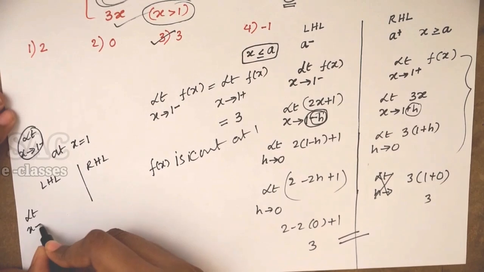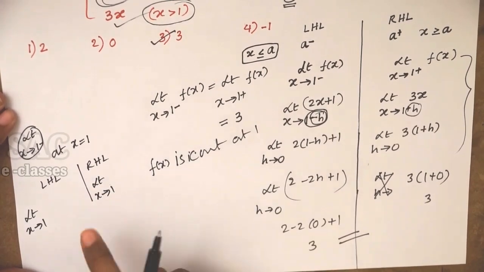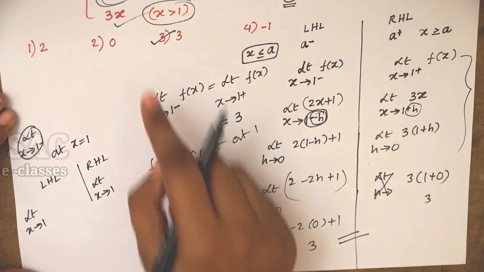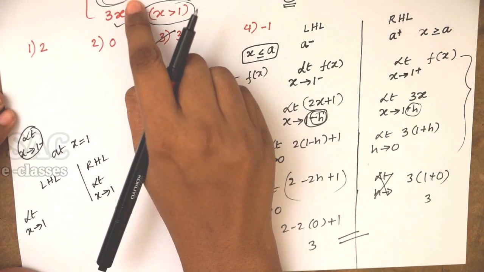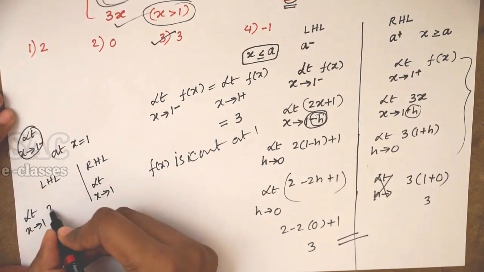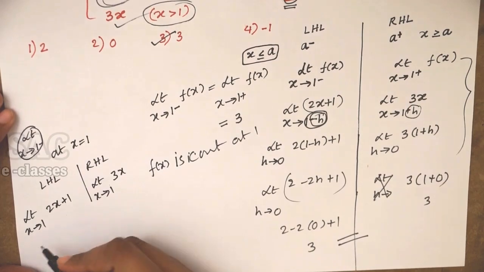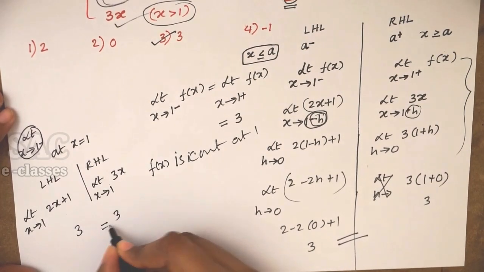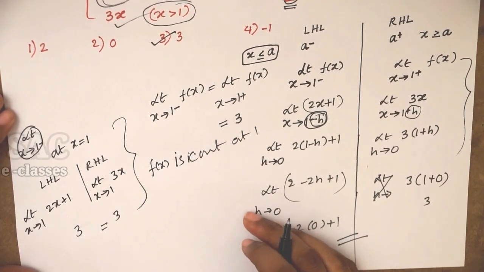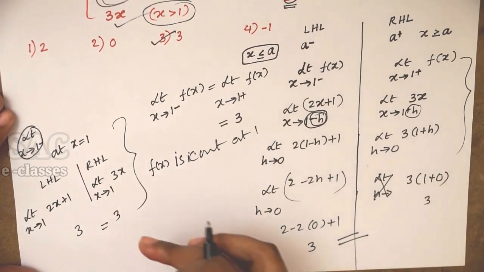Limit x tends to 1, we take 1, whether 1 plus or 1 minus, but we take the functions differently. LHL is 2x plus 1, RHL is 3x. Just substitute 1: 3 and 3, as we got. Like this we will do. This is the usual procedure, but this is how to approach it in the exam.